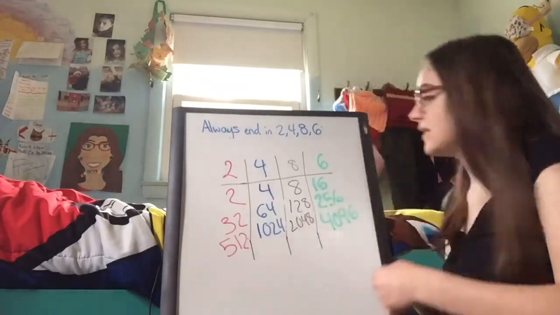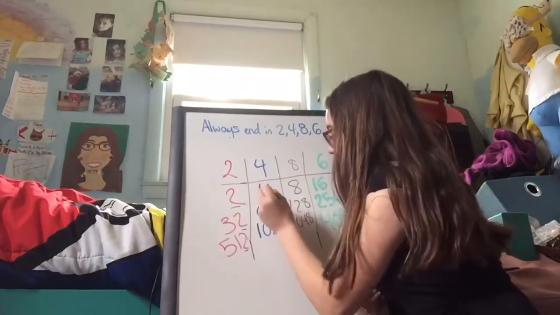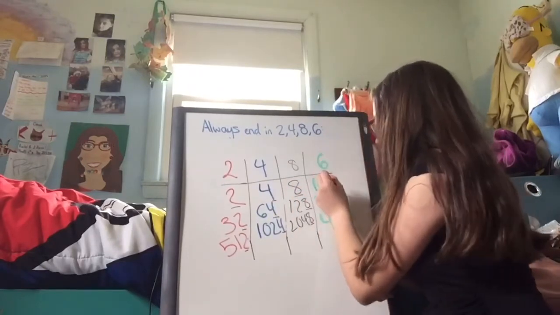As you can see, this column all ends in 2, this column all ends in 4, this column all ends in 8, and this column all ends in 6.